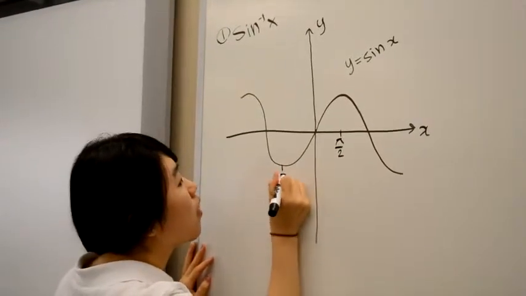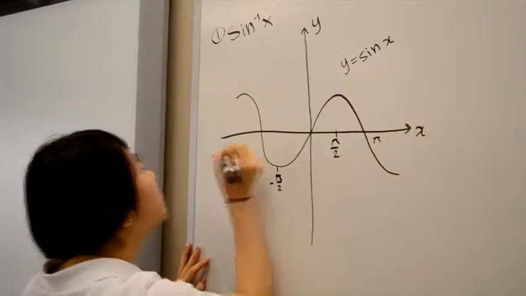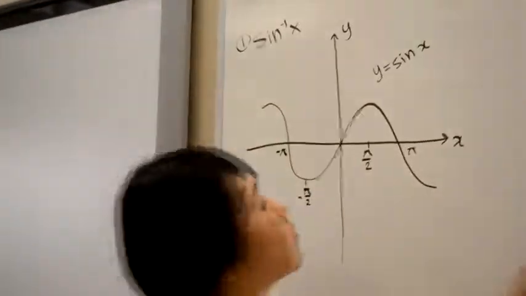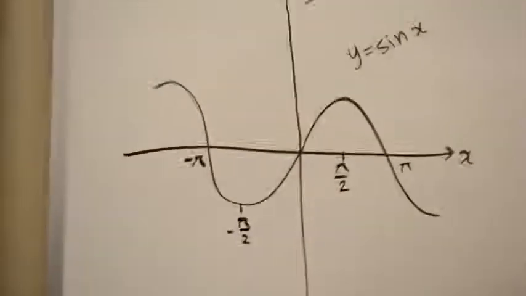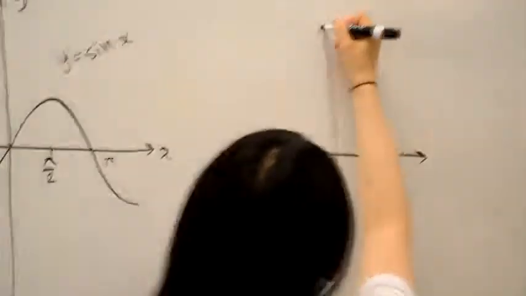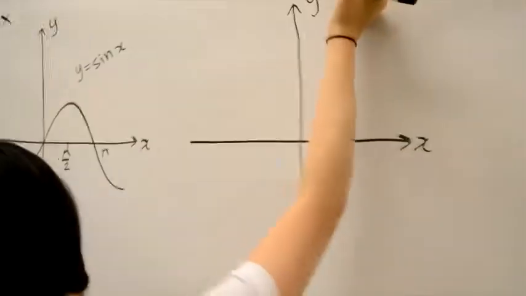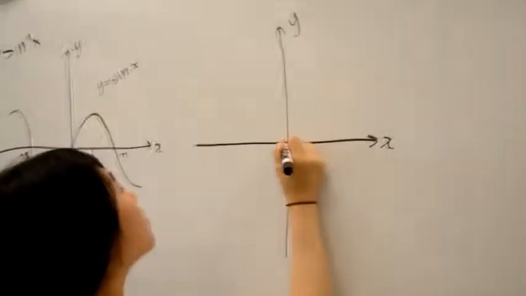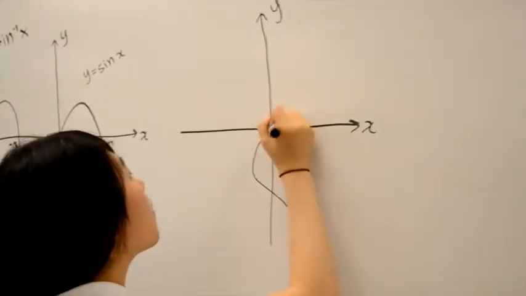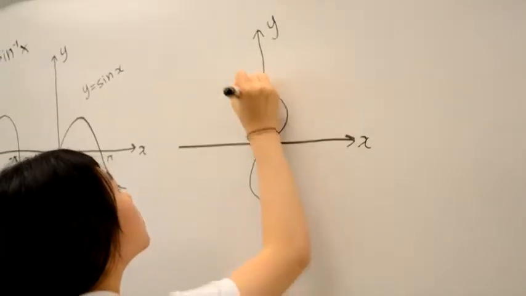Right here we're defining the domain, right? So if you flip that, well, that's actually a graph of sine x. And if you flip that, it would be an inverse sine x graph. We're flipping it across y equals x, right?